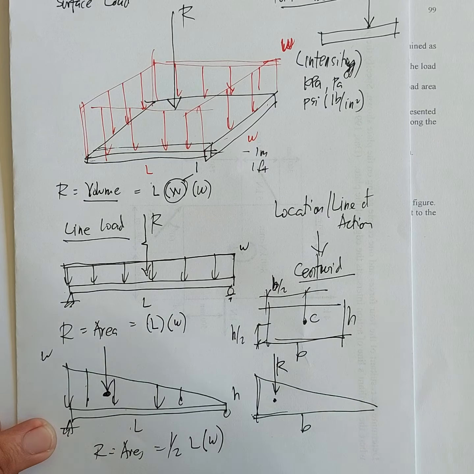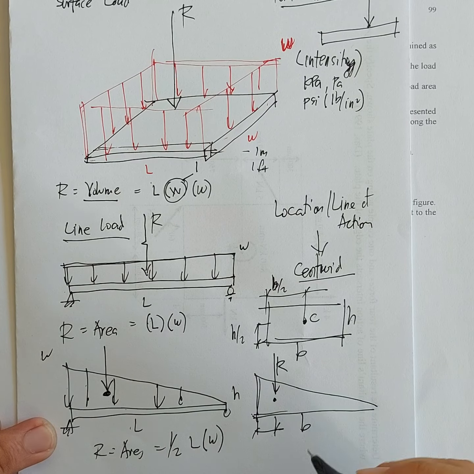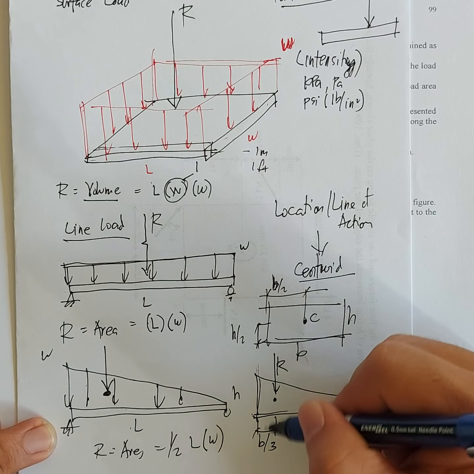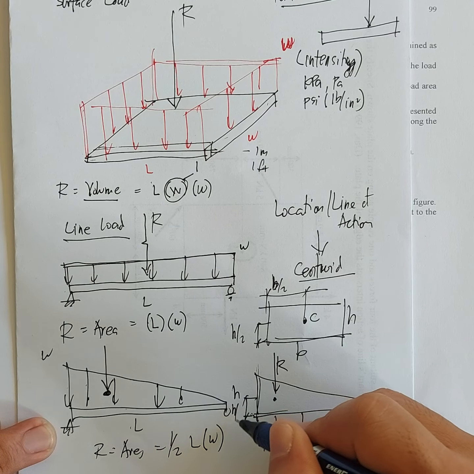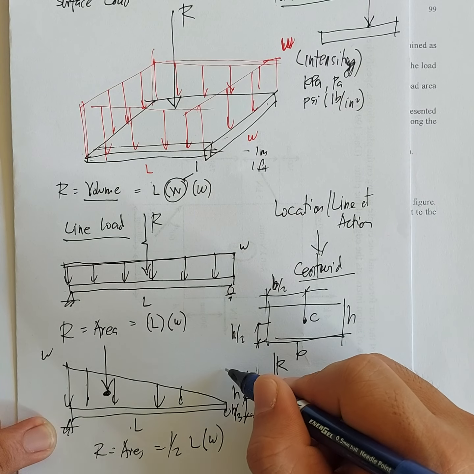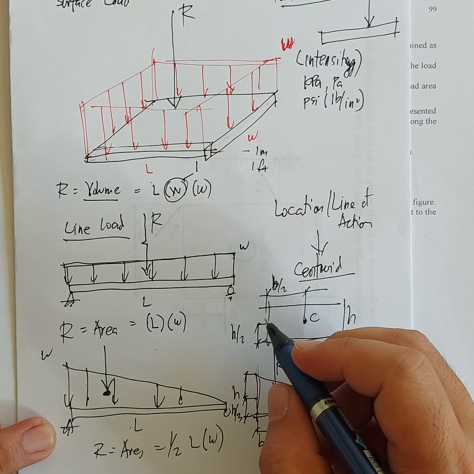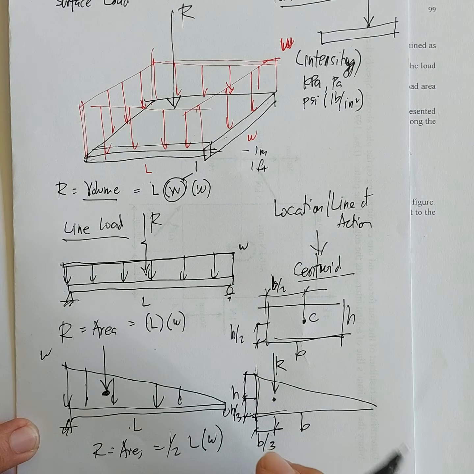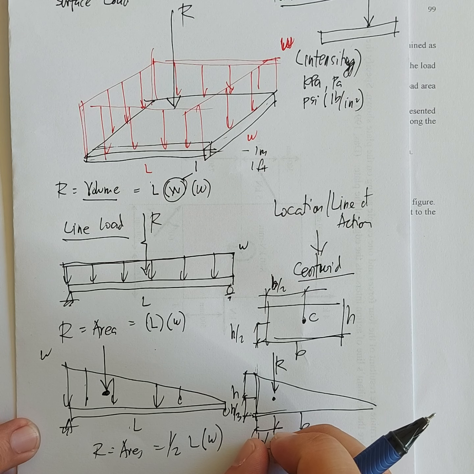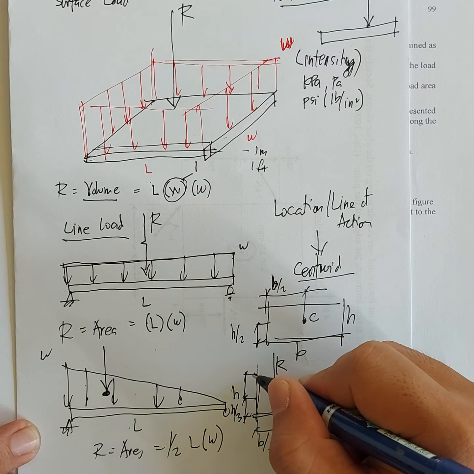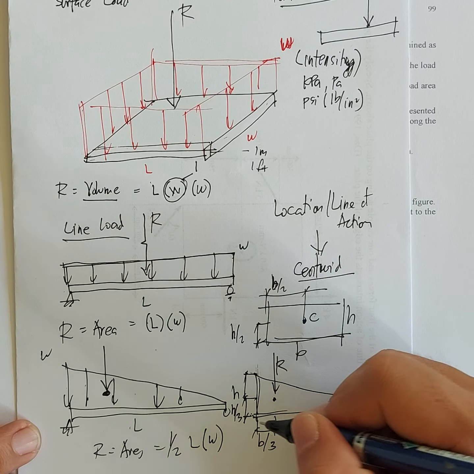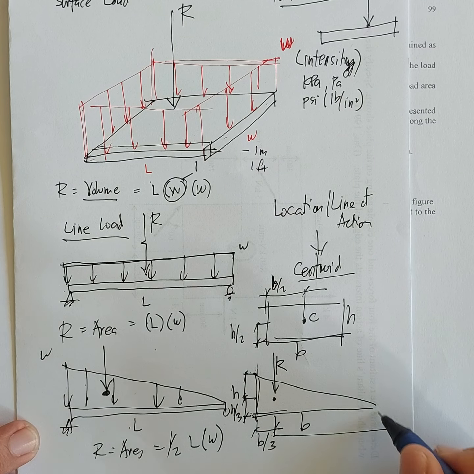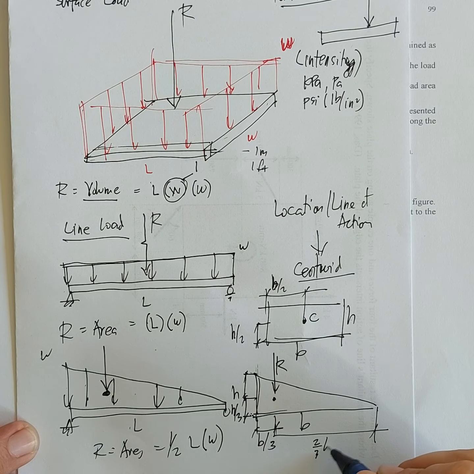So, that is b over 3 from ditong axis na to, and this is h over 3. This is 1/3 of h. This is 1/3 of b. This is 2/3 of h ito. Kapag dito yung reference point natin in locating the center, this is 2/3 of h, and this is 2/3 of b naman.